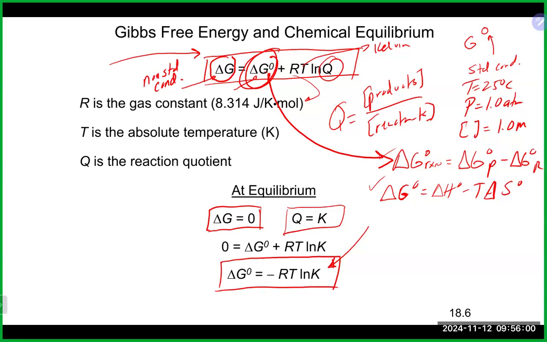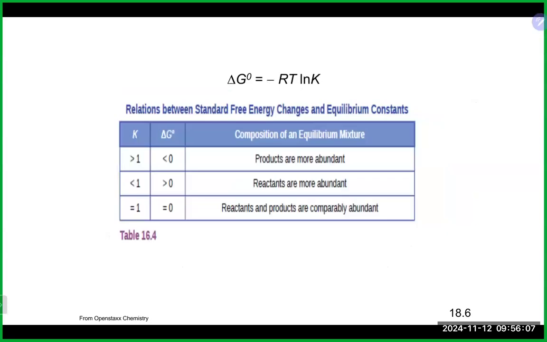Now we could look at this bottom equation and make some predictions based on what's going on. And for example, the good news is if you still understand equilibrium constant, that's still something that you could look at.